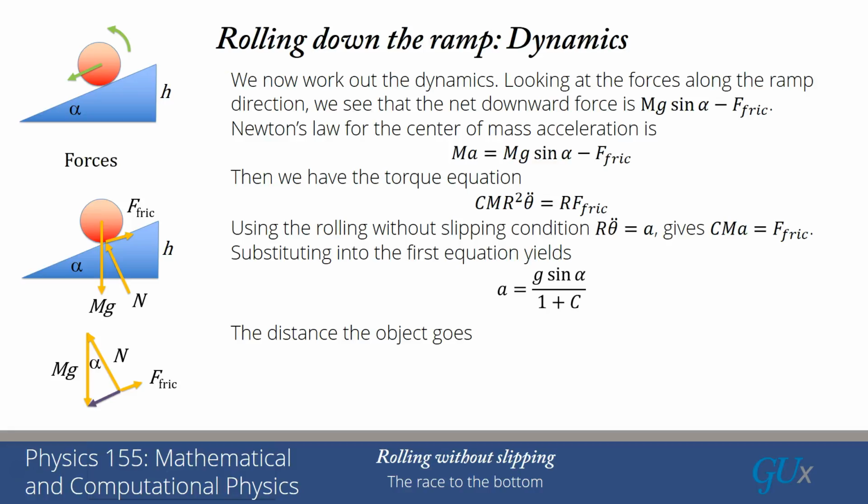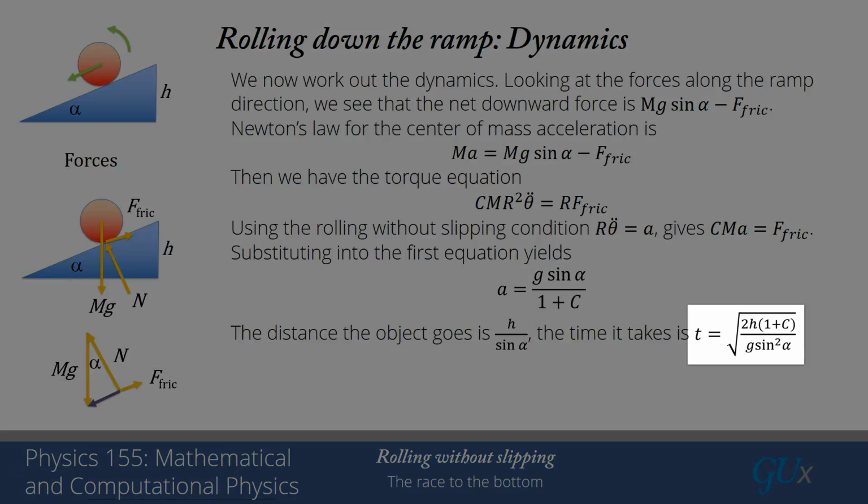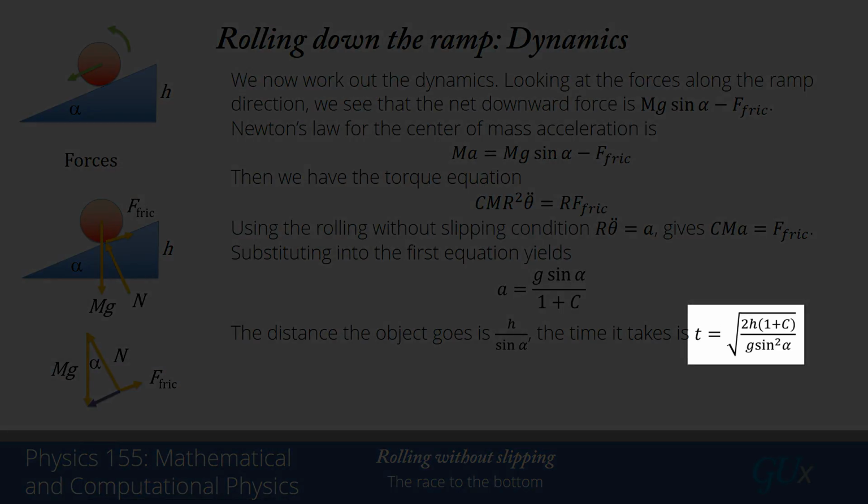So the distance that an object travels that is in uniform acceleration over a particular time is just 1/2 at squared. The total distance we need to go is the height divided by sine alpha. That's the hypotenuse, or the length along the ramp. And solving for the total time, we get the square root of 2h(1 plus c) over g sine squared alpha. Now, once again, no m dependence, no r dependence to this.